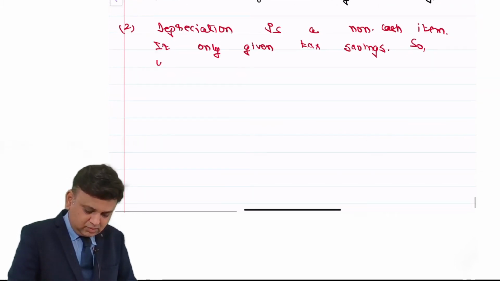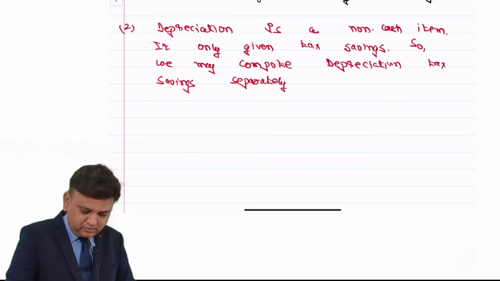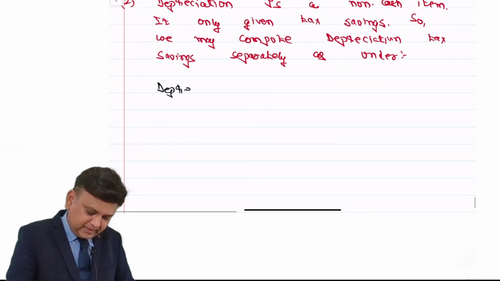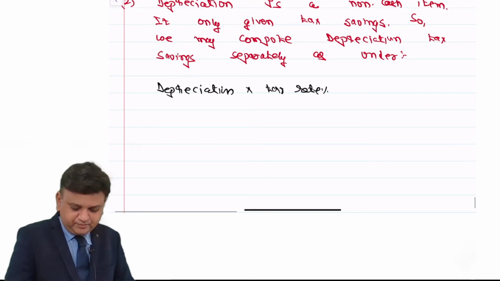So we may compute depreciation tax savings separately as under: depreciation into tax rate. Full stop.